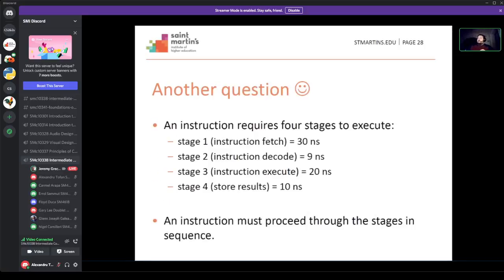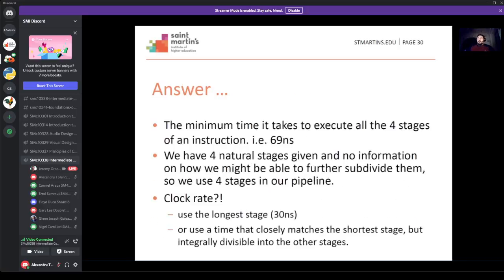Why? Because you have 30 plus 9, so that's 39, plus 20 and 10, so that's 69 nanoseconds. The longest stage is 30 nanoseconds. If we had to create a processor which took 30 nanoseconds per stage, it's actually going to take longer, because you have 30 times 4, which is 120 nanoseconds.